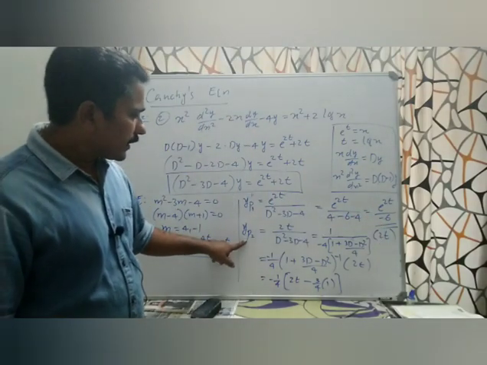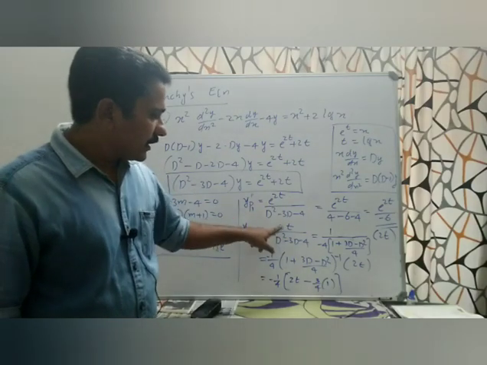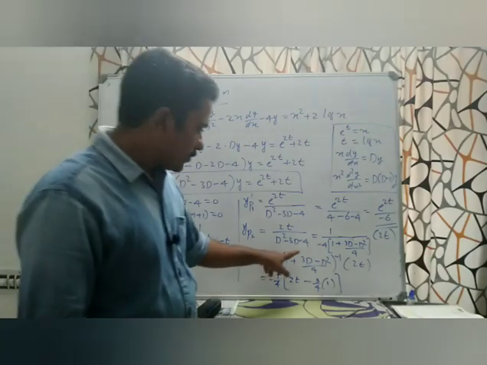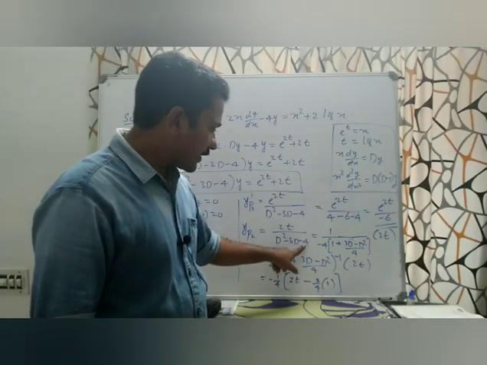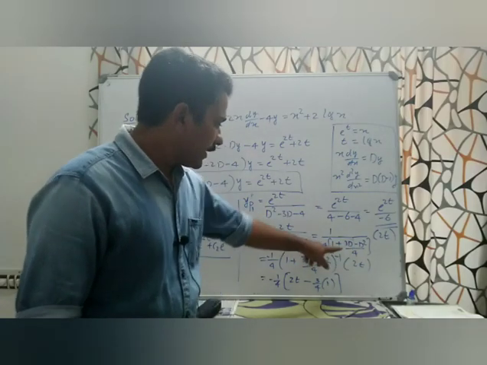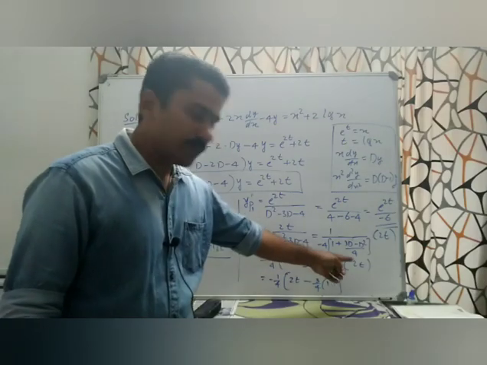And the second particular integral is of 2t. So 2t by this one, and this is a polynomial, so we have to use that standard expansion. Take out minus 4 from here and you will get 1 plus 3D minus D square by 4, and write this in the numerator. So (1 plus x) the whole raised to minus 1, 2t.